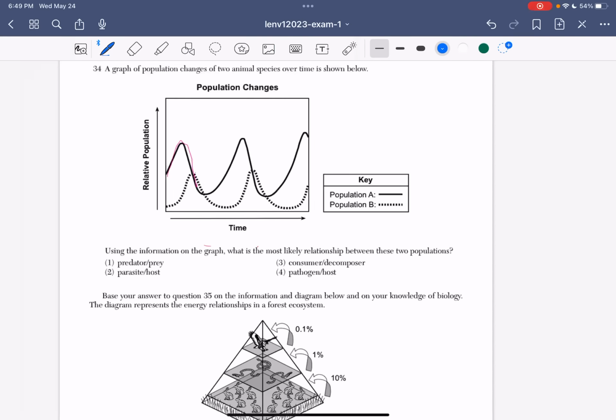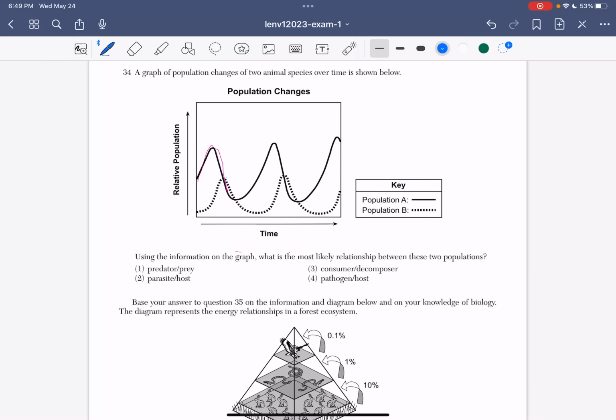Next question. Okay, here we have a graph again. Remember, let's always take a look at the graph and what it's telling us. A graph of population changes of 2 animal species over time is shown below. So we have population A, let's say population A is bunny. Let's say population B is the wolf. Just making things up here.